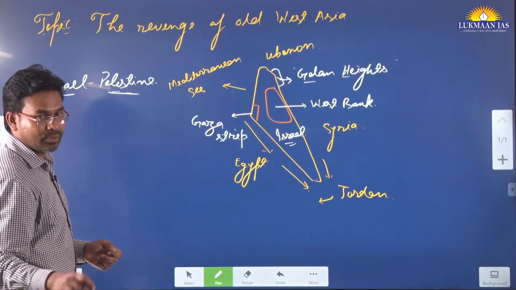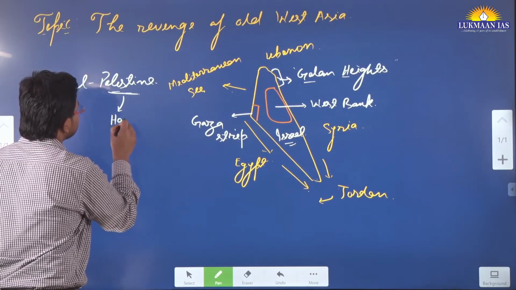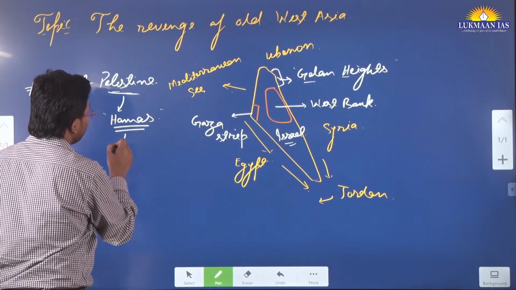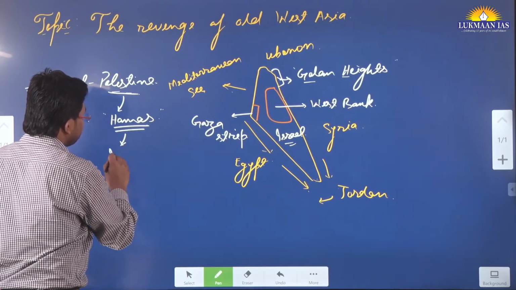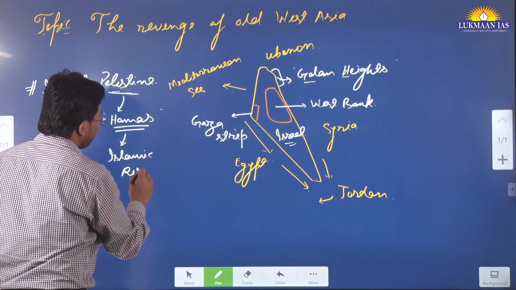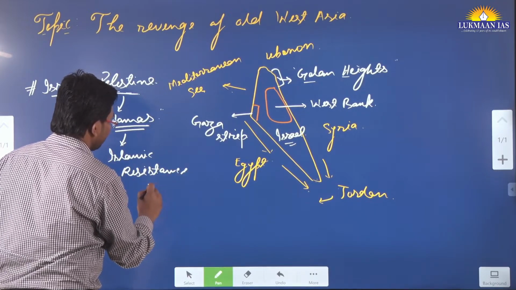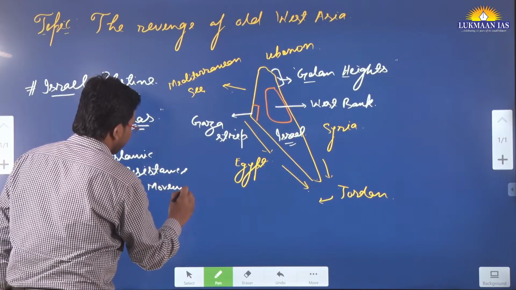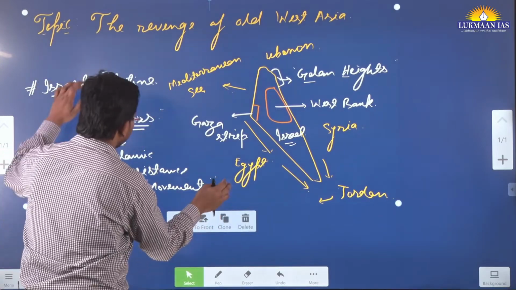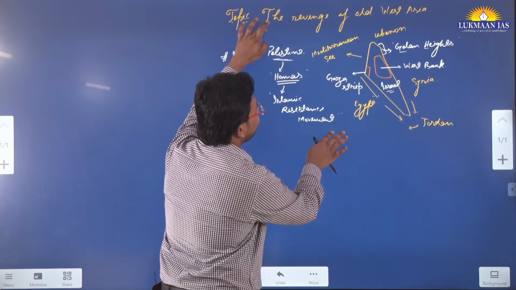So the thing is, initially the revenge was initiated by Hamas this time, right? This Hamas is a group. Hamas means Islamic Resistance Movement. In this article we are going to discuss some details related to this war that is happening now.